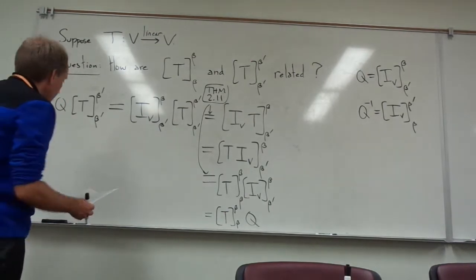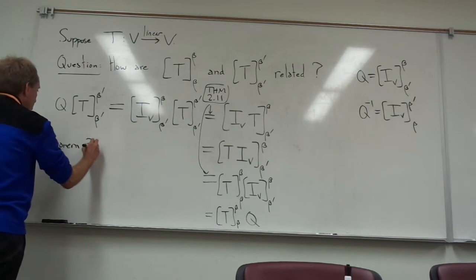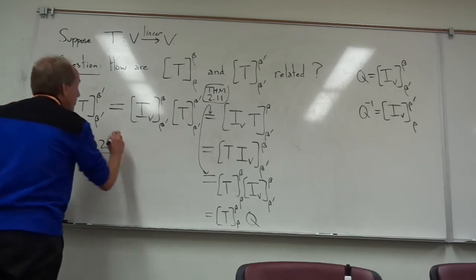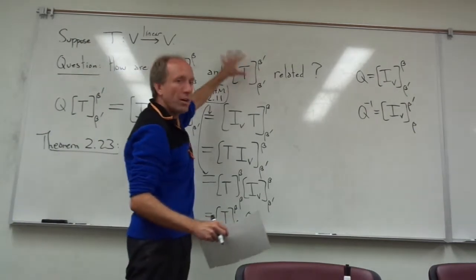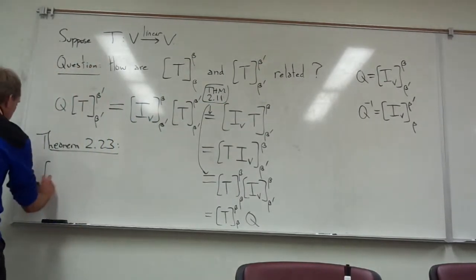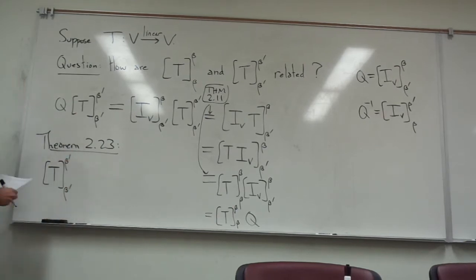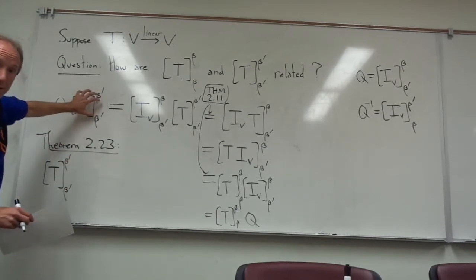Okay. The punchline of that is this theorem. These two matrices are very related. And here is how they are related. The matrix representation of T from beta prime to itself, that's this matrix here.